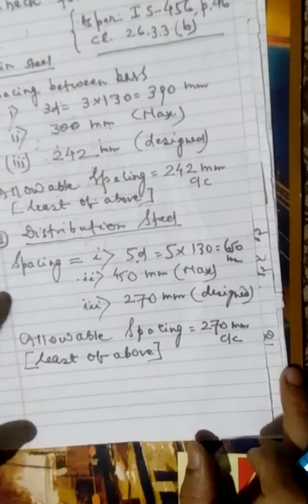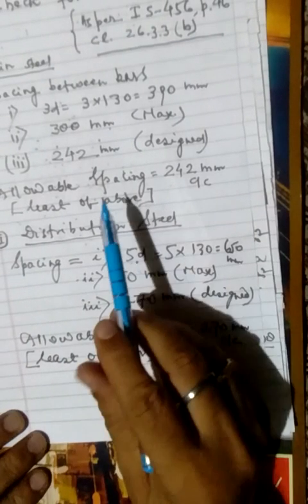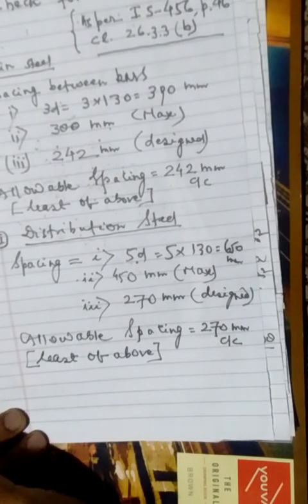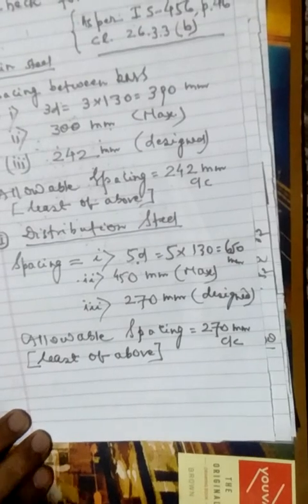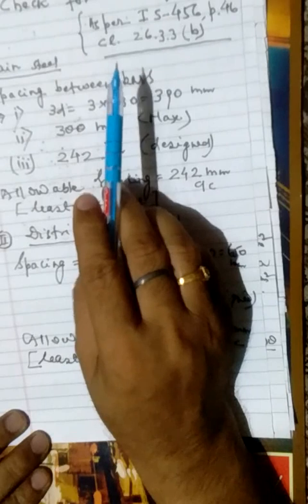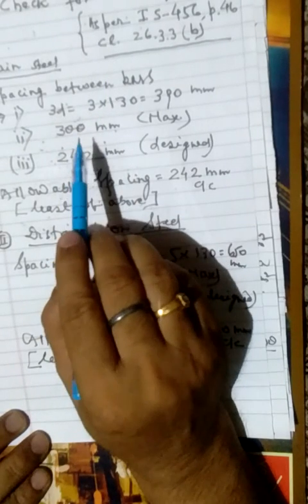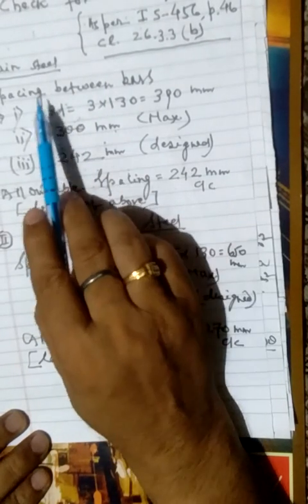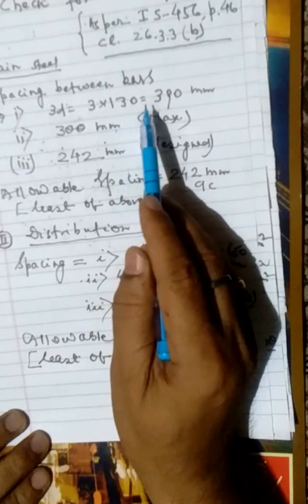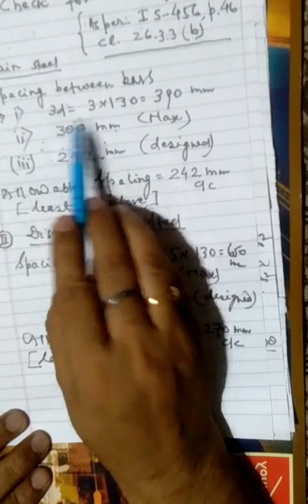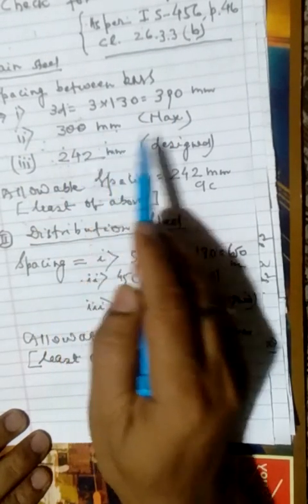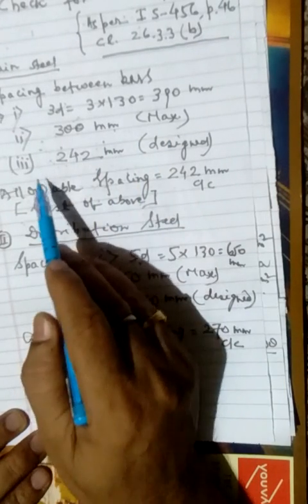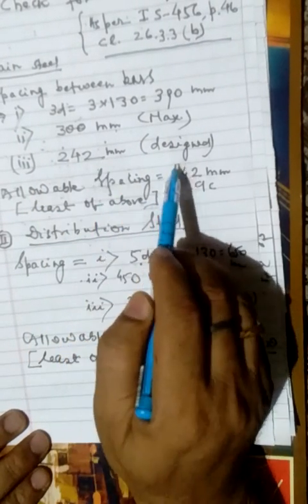The next important step for the one-way slab design is to check the slab for cracking. So as per IS 456 page 46 clause number 26.3.3, the cracking clause suggests what should be the maximum spacing between the bars. So for main steel, the spacing between bars can be either 3d, that is 3 into 130, 390 mm, or 300 millimeter, that is the maximum value suggested by IS code, or the 242 millimeter which we have calculated.